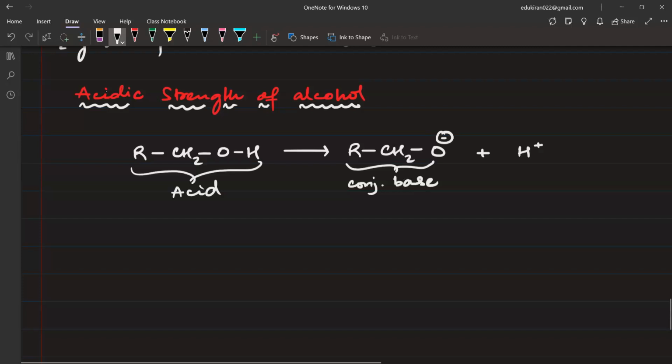Okay. How many of you remember this? Tell me yes or no. Raise your hand, do thumbs up if you remember acid and conjugate base. Faiza, do you remember? Sir, I remember the terms, but I have to revise. No problem. Rabba, tell me.